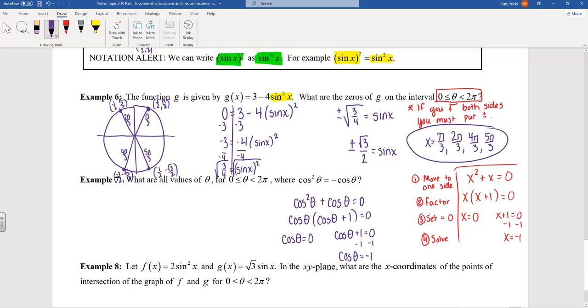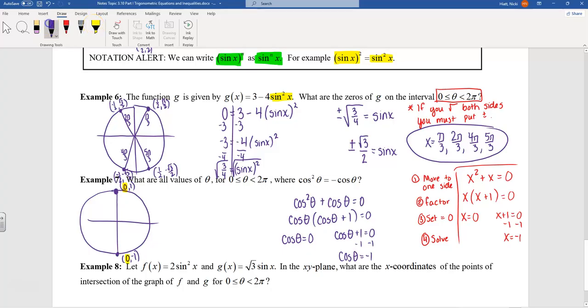So what we have to do here that we don't have to do if it's just a regular quadratic is go to the unit circle and figure out where this happens. So cosine is my x-coordinate, right? And so that x-coordinate is going to equal 0 right here, and right here, these two spots.